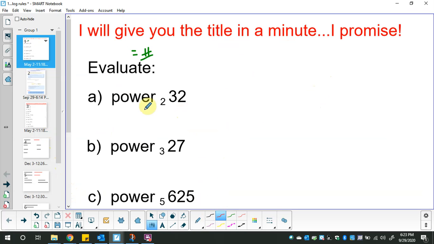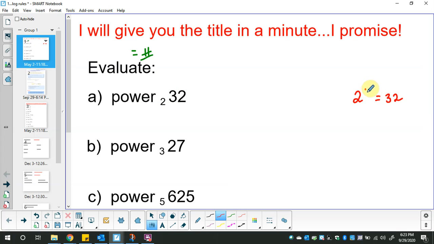So this question, or every question, numbers changing as I go, is asking, what is the power on the number 2 that gets us the 32? So we have to figure out 2 to the power of something is equal to 32. That's what this question is asking.